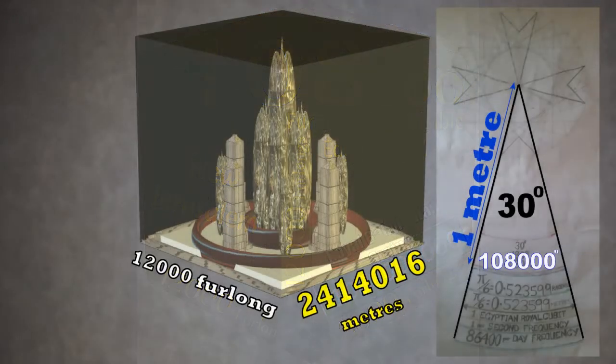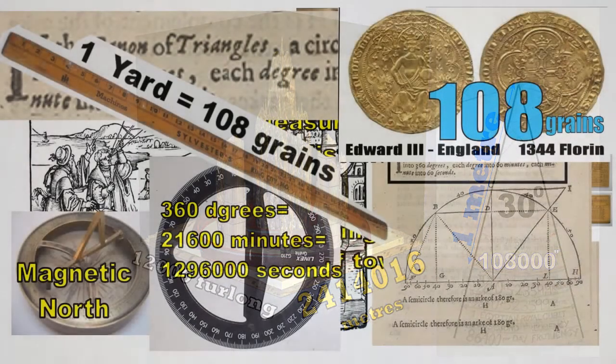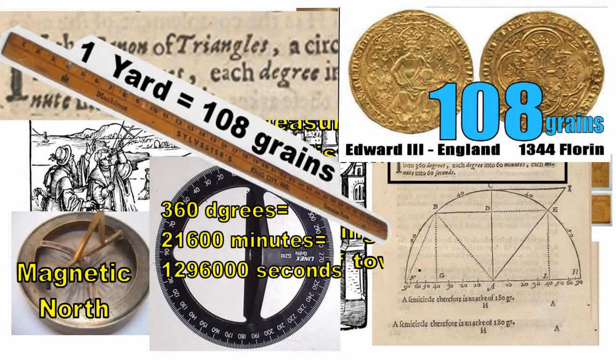Also 108 will connect to New Jerusalem, not just the maximum visible edge length, so the most you can see at one time because it's a 3D object, but also each base is 108,000 Royal Babylonian grains. If we go back to the pendulum and that 30-degree arc, which defines the second and the royal and the meter and the Royal Egyptian cubit and 86,400 seconds per day, well, that's 108,000 seconds as well, which is the smallest breakdown of the compass, and 108 grains is the smallest breakdown of the Royal Babylonian scale.